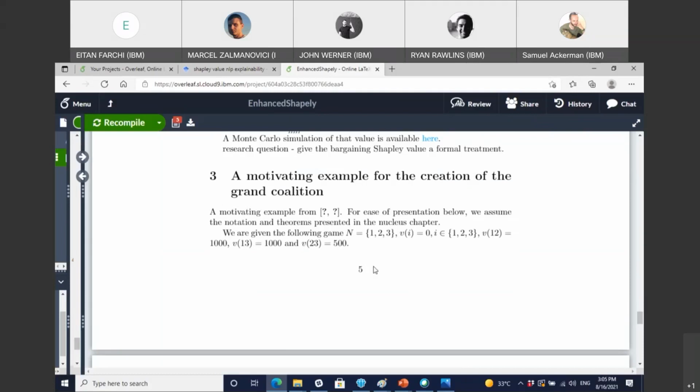The story behind this game, maybe it's easier to remember that way, is to think about player number 1 as one type of person, and players 2 and 3 as another type. For instance, you could think of number 1 being a woman and 2 and 3 being men, or vice versa, it doesn't matter.